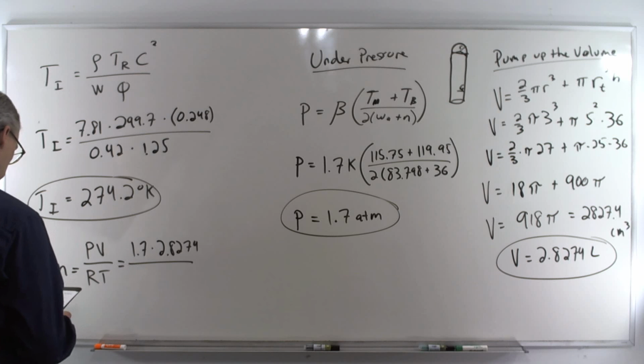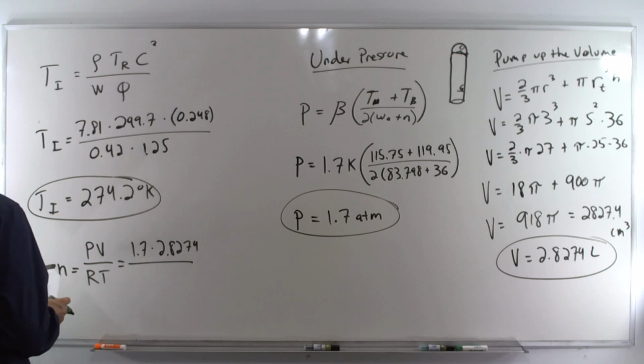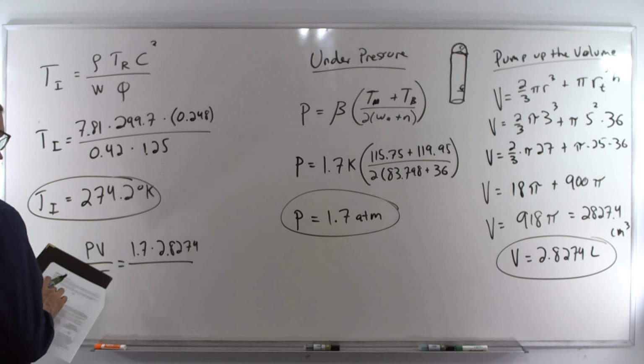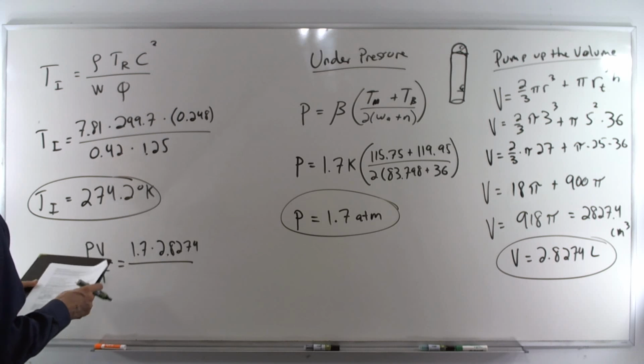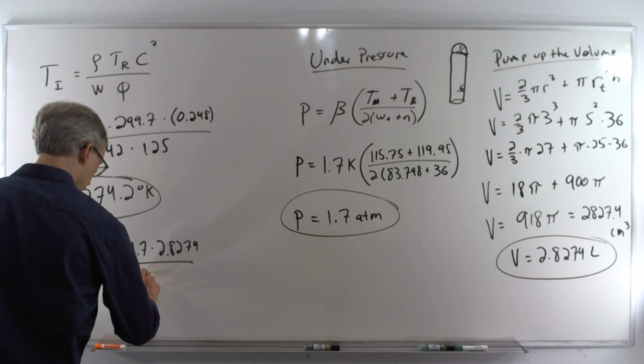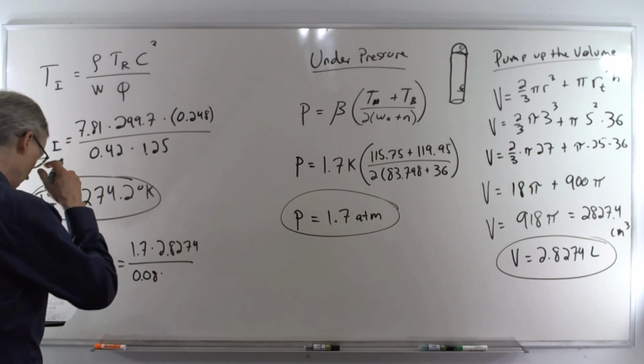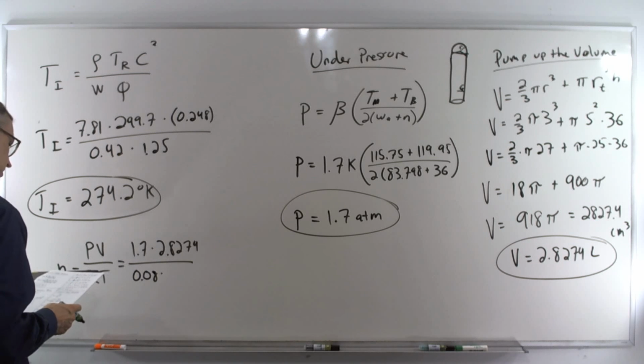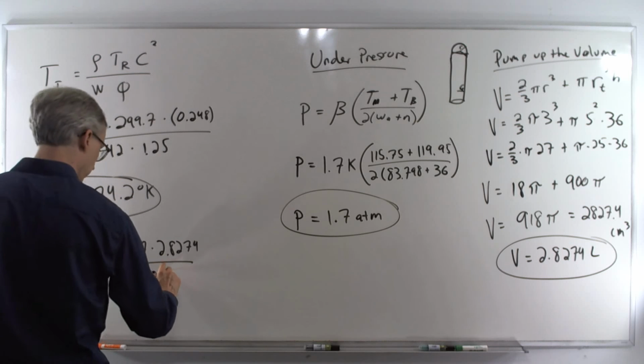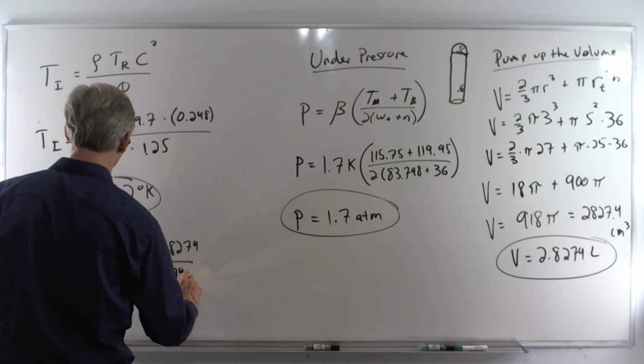And R, the ideal gas constant, is given up top, which equals 0.08. And finally, we need T, which is found here, 274.2.